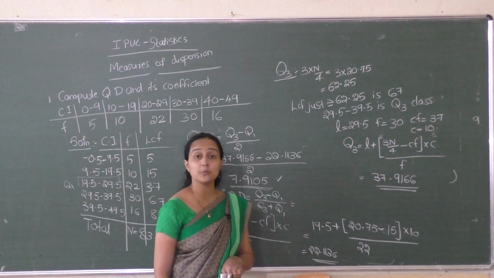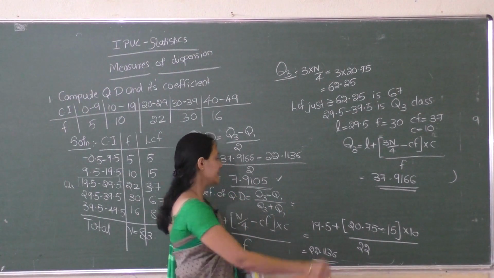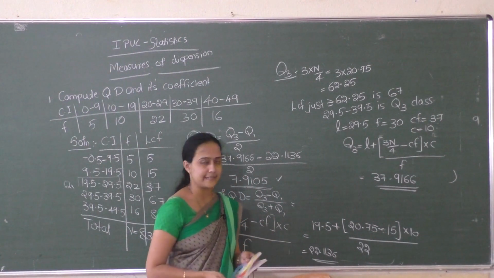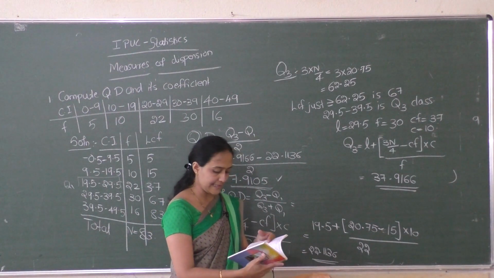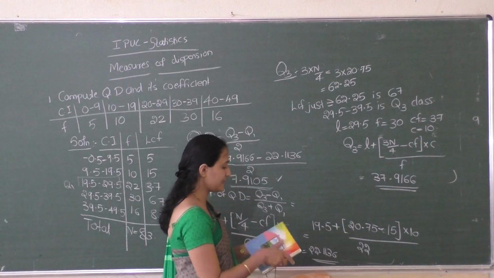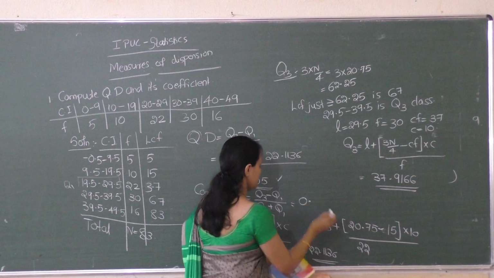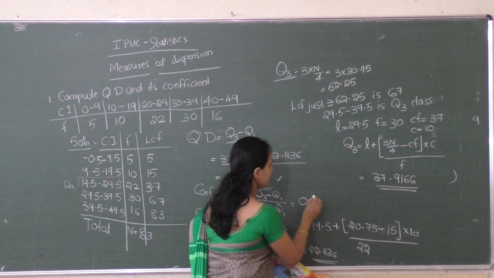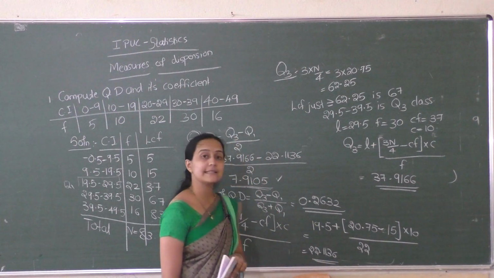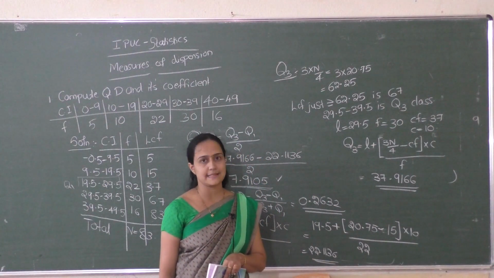Q1 is 22.1136. So in the numerator minus, in the denominator plus. So we will get the answer: coefficient of QD is 0.2632. So this is the case when continuous classes are given.